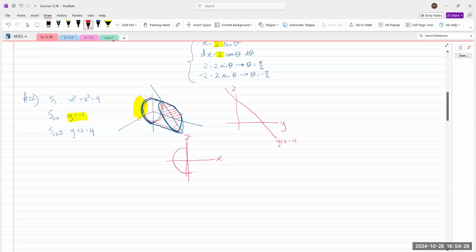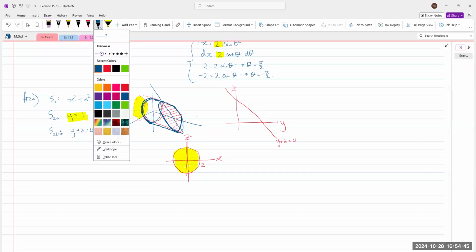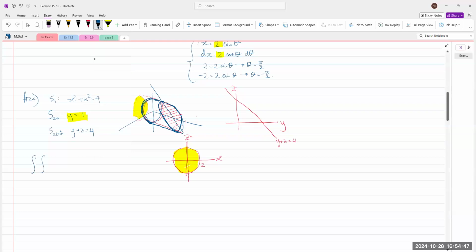That's a disk with radius 2, right? So we have the double integral, x from -2 to 2, z from negative square root of 4 minus x squared to square root of 4 minus x squared, and y will be from -1 to 4 minus z.